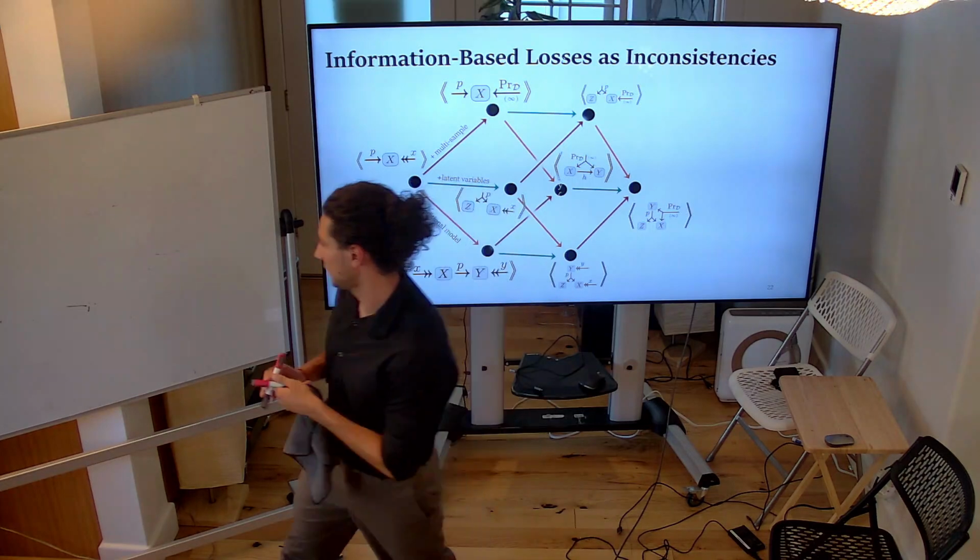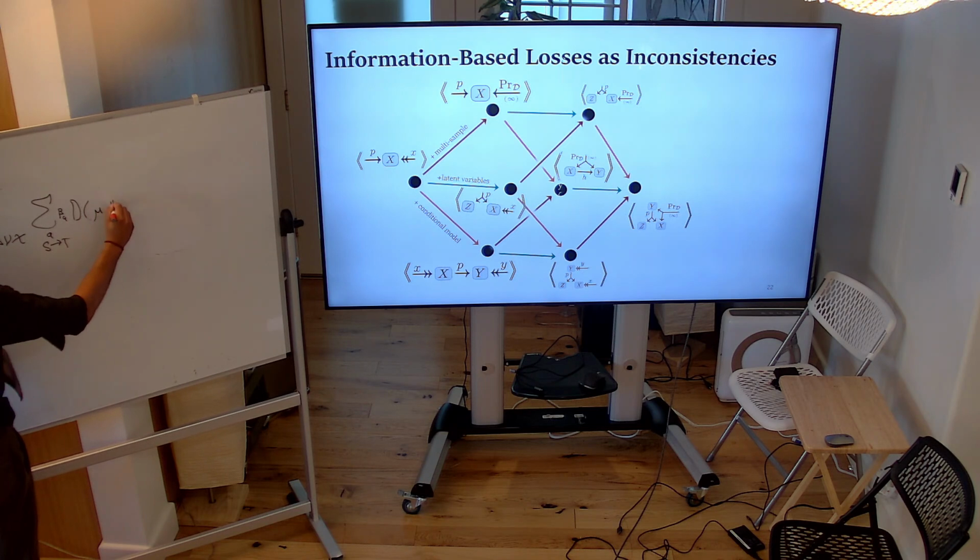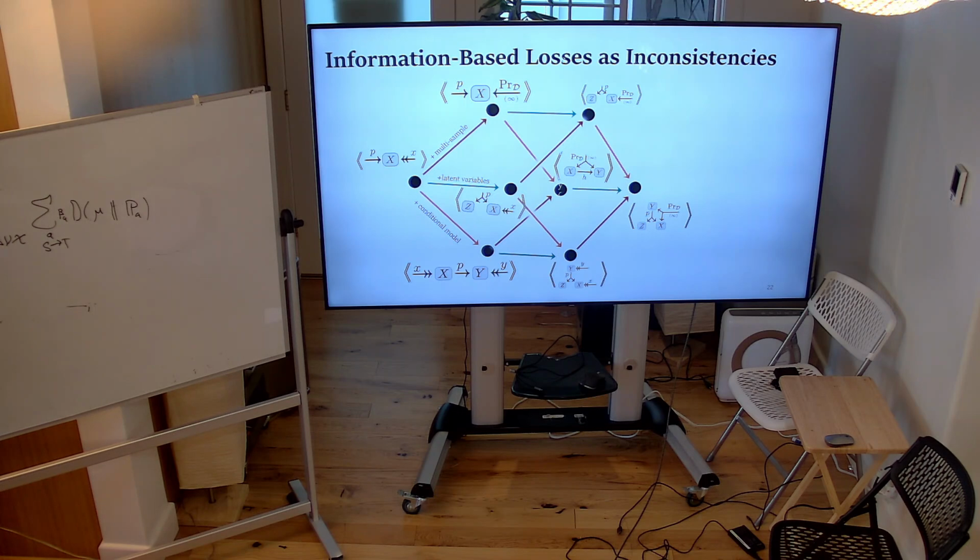So the inconsistency of a PGM is just the infimum, the min, because it achieves the min over all distributions mu over joint values of x of the sum over arcs, where arcs go from sources to targets, of beta, the confidence in that arc, times the relative entropy with respect to the distribution mu of the probability in this case.